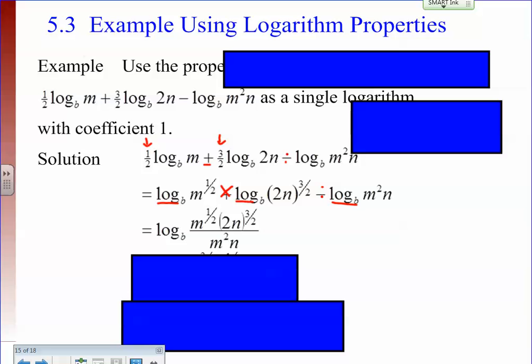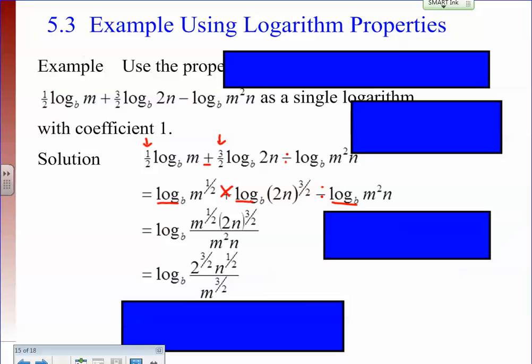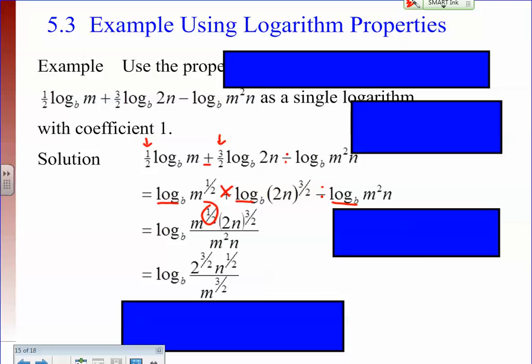Okay, so with these 1/2 and the 2/3 powers, one thing we can do here is distribute the 2/3 power and recognize that the m and n are on top and bottom, right? And if you have something to the 1/2 over something to the 2, you would just be subtracting exponents, and that's where they got that 2/3.